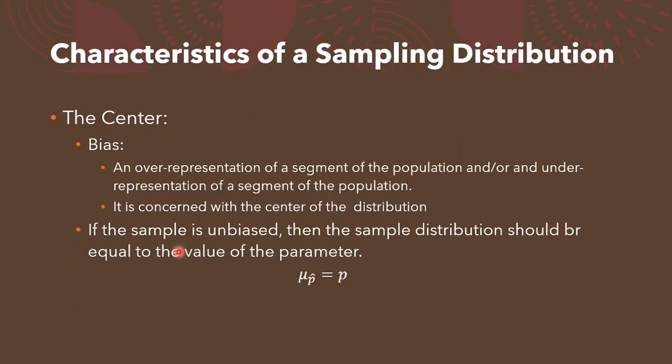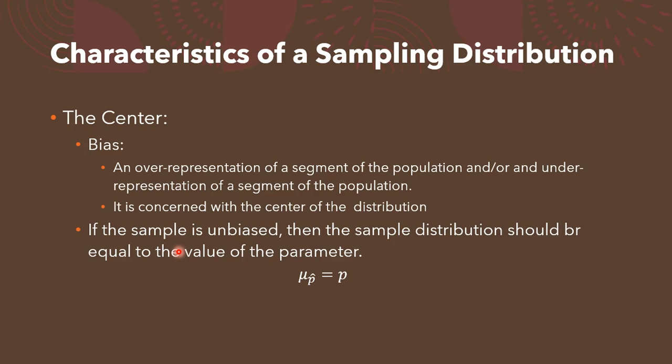Okay, so moving on to here, let's talk about the characteristics of our sampling distribution. So first off is the center. So do we have any biases? That's what we really want to know. Are we overrepresenting or underrepresenting somebody in a population? That's one thing we want to worry about.